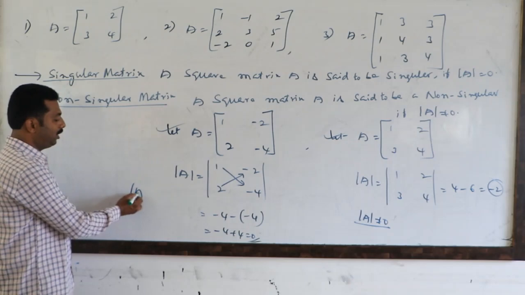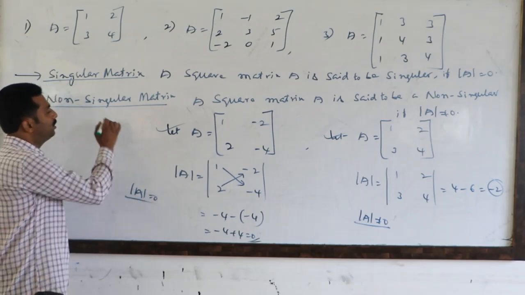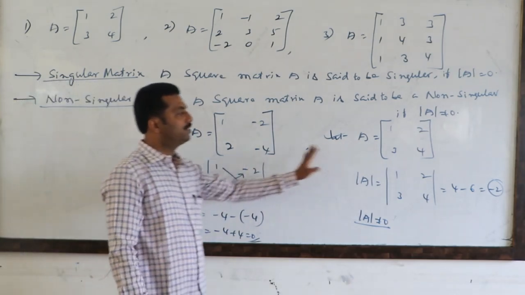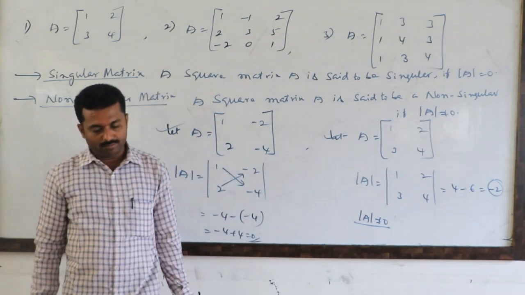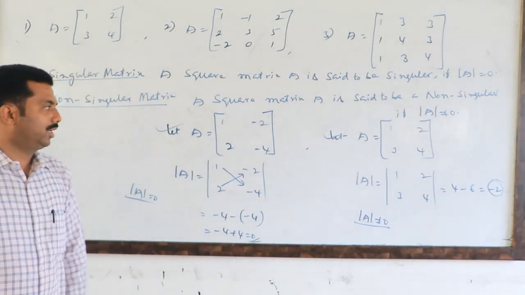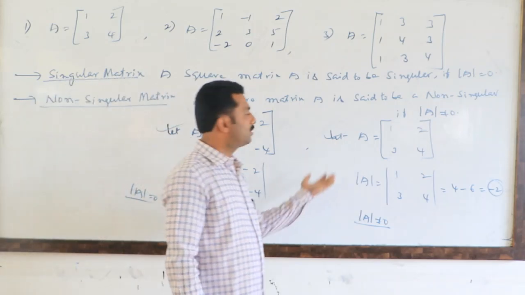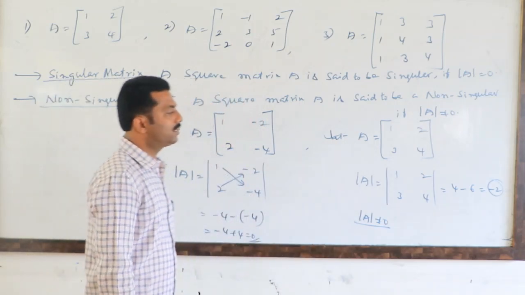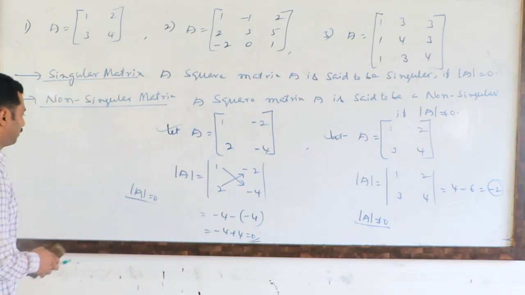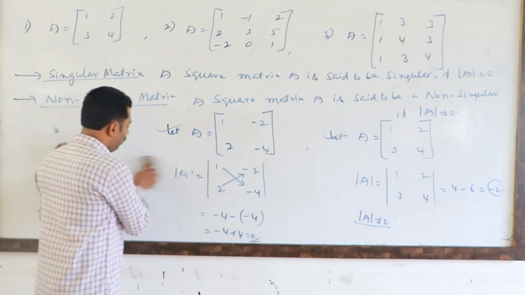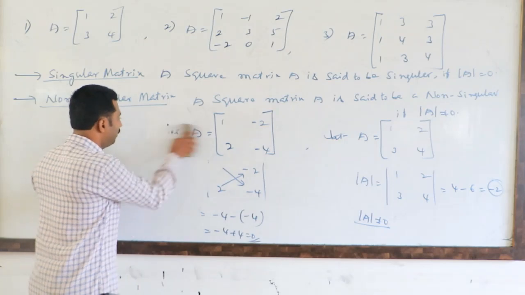Here the determinant of A equal to 0 means this is a singular matrix, and this is a non-singular matrix. Same for a 3 by 3 matrix. If you calculate its determinant, 0 means singular matrix, not equal to 0 means non-singular matrix. Okay.